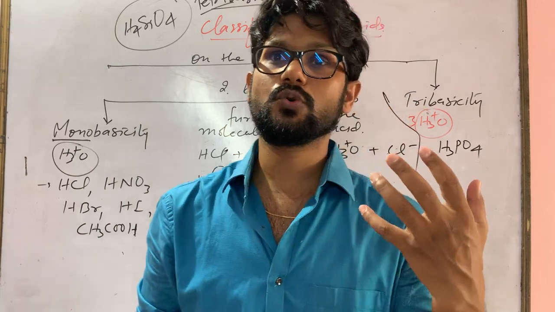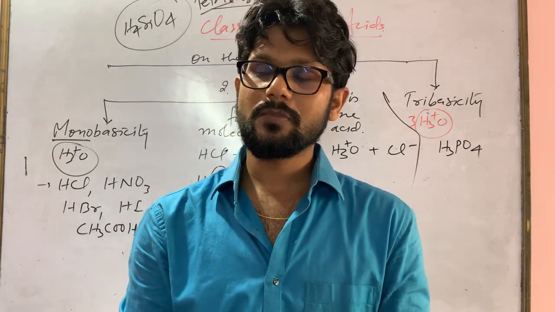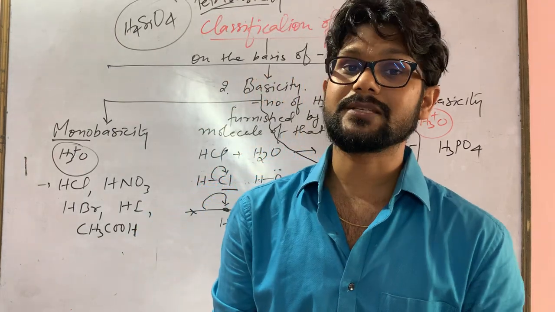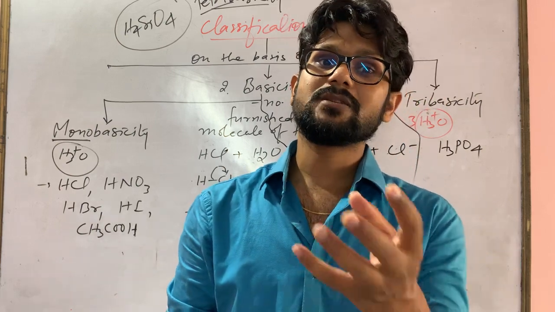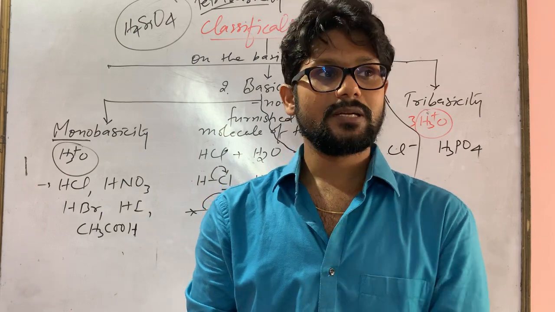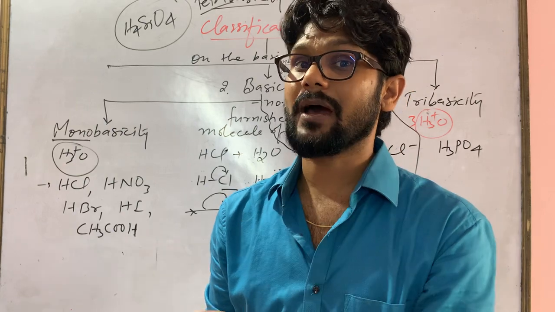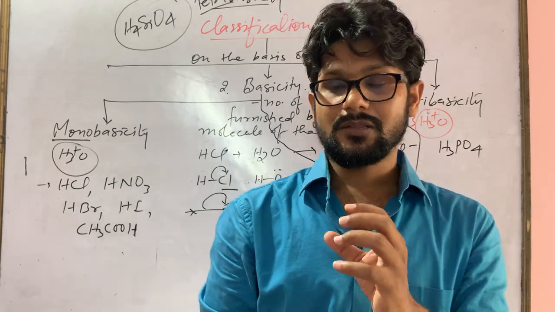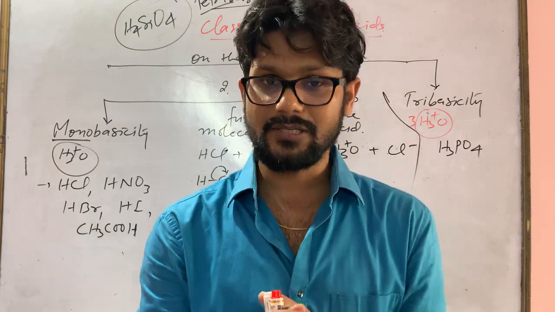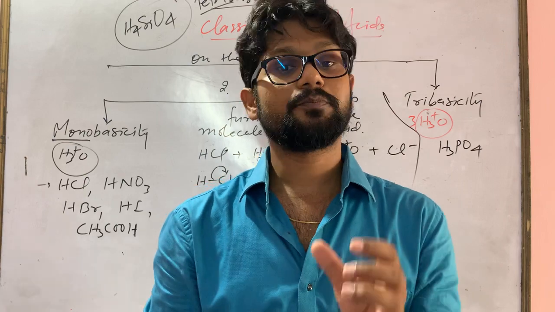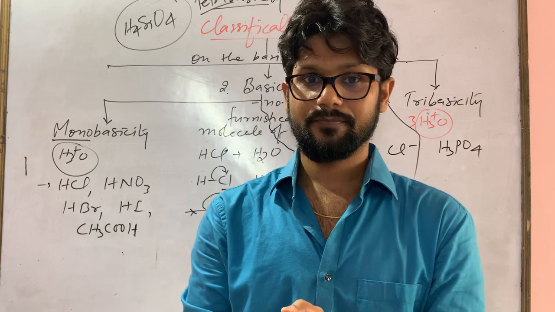One more thing you have to know here: which acid is strong, dilute acid or concentrated acid? You must know that dilute acid is strong acid. Why? A question can come, why is it a strong acid? Because in dilute acid, more water is added, which means it contains a high concentration of hydronium ions. The strength of an acid is marked according to the number of hydronium ions furnished.